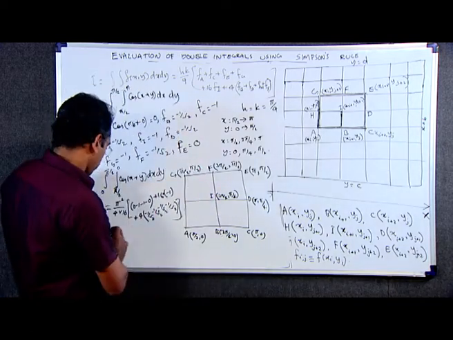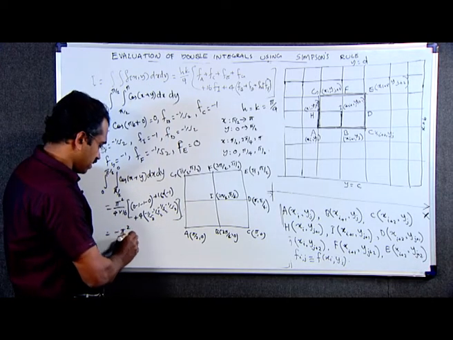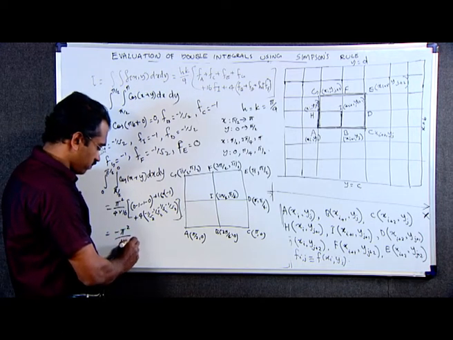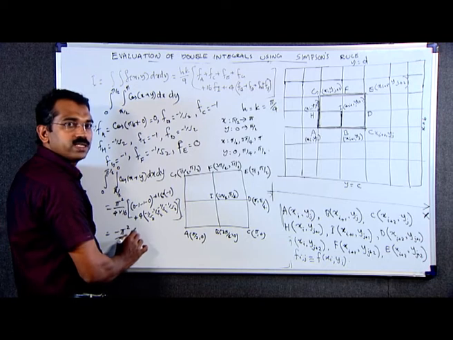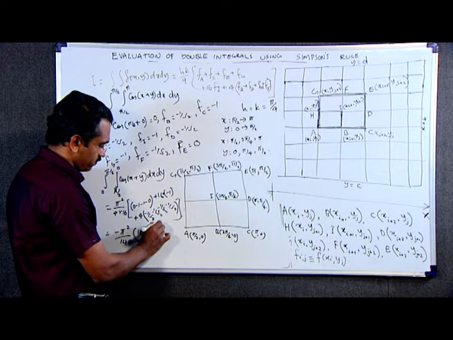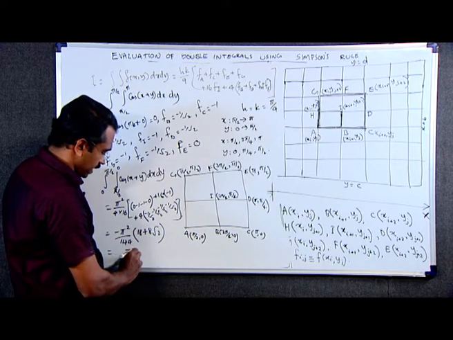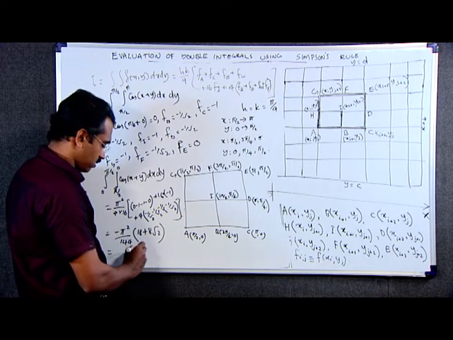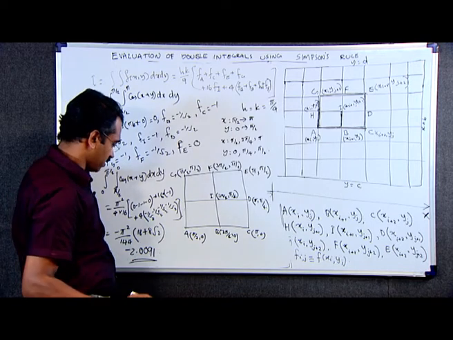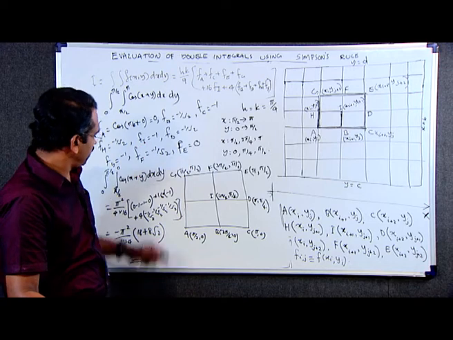On simplification we will get minus pi square divided by 144 into 18 plus 8 root 2. That is equal to minus 2.0091. This is the required value of the given double integral.